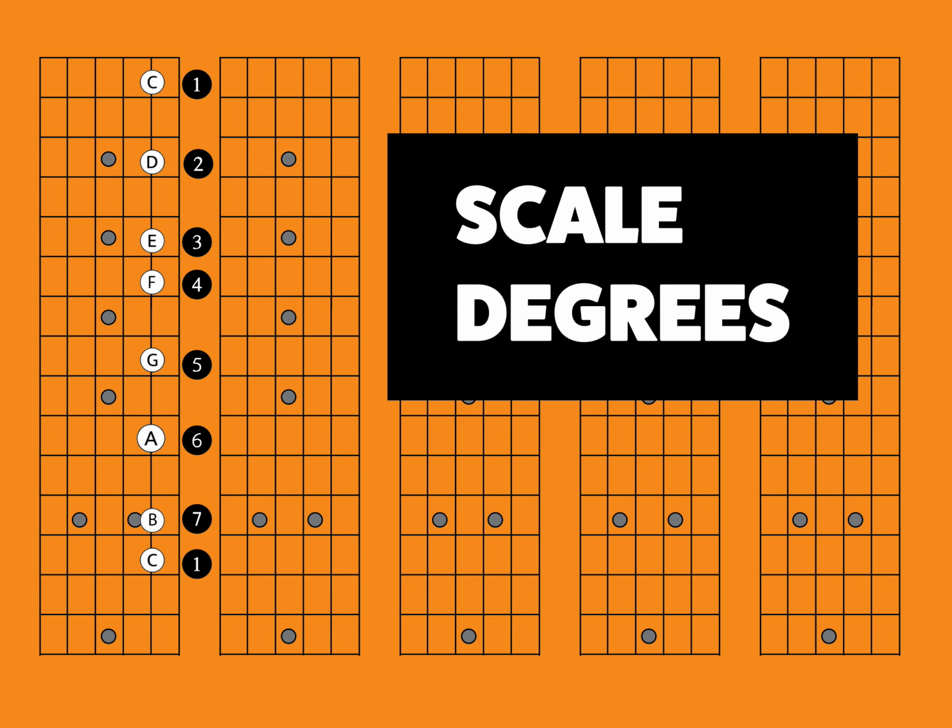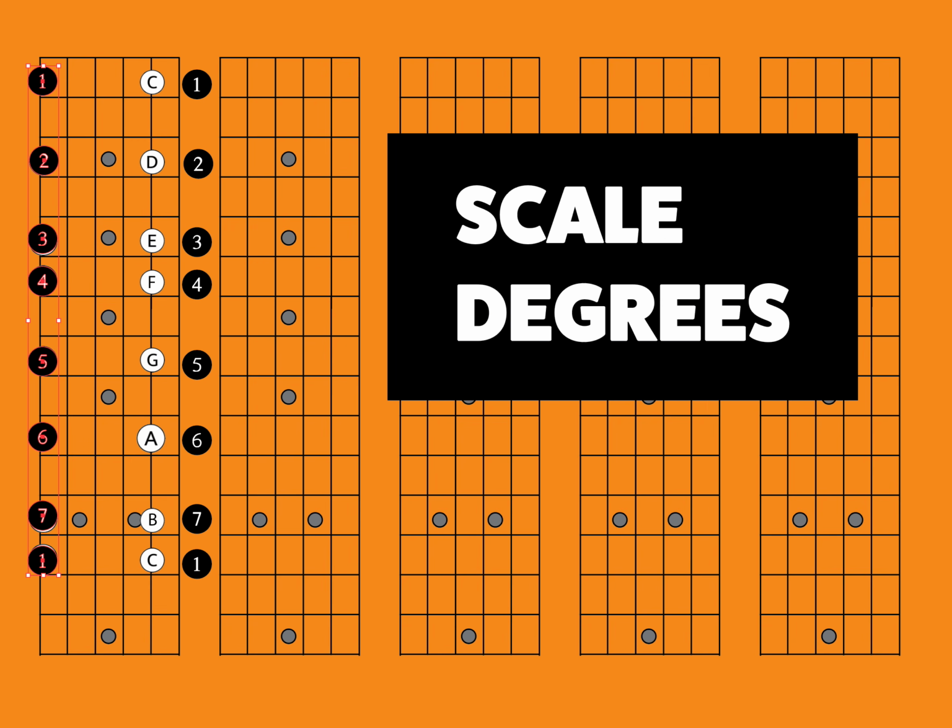So what this means is that if I were to have, say, an F major scale, which starts on the first fret here, F has a B flat in it to satisfy the need for a half step between the 3 and the 4, but the scale degrees in F would still be the same thing.